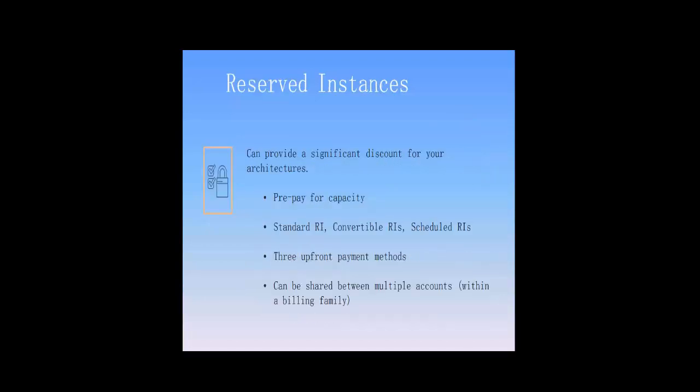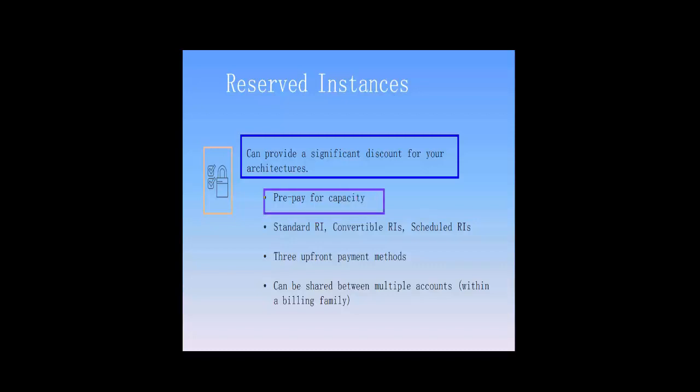Reserved instance can provide a significant discount because you're booking 1 year or 6 months in advance, so you get much discount on that. I will show you the pricing options in the console also.